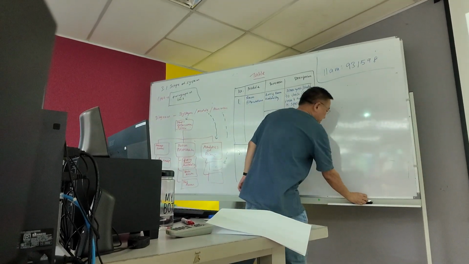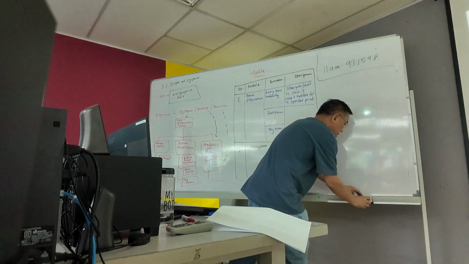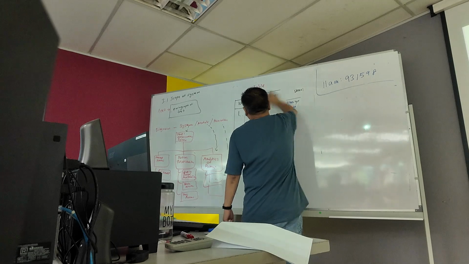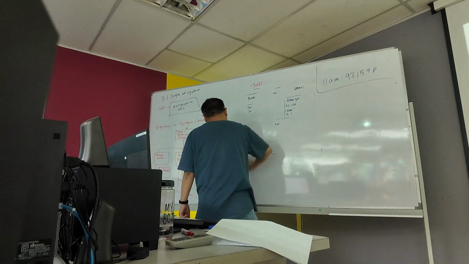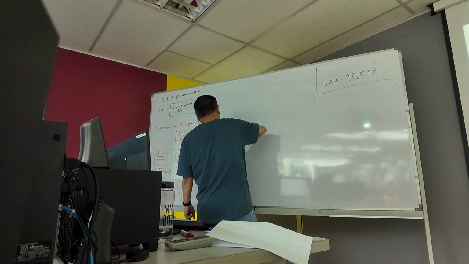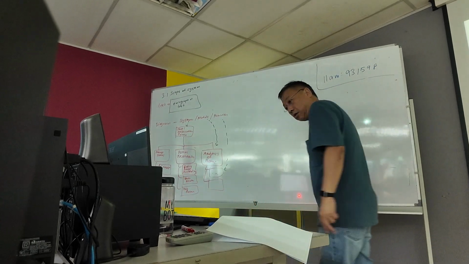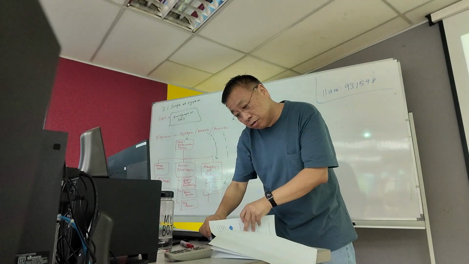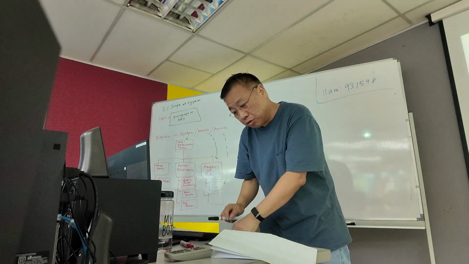Here we go. So in the software process model section, what do you need to do? There are a couple of things you need to do here.